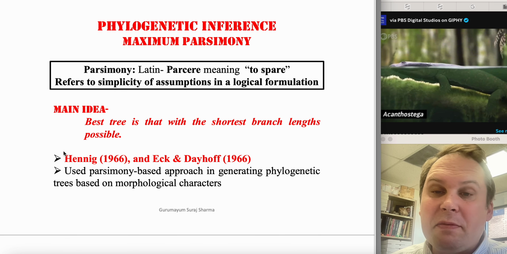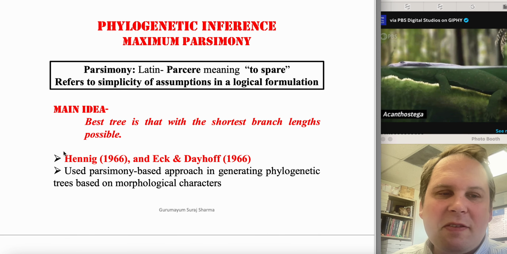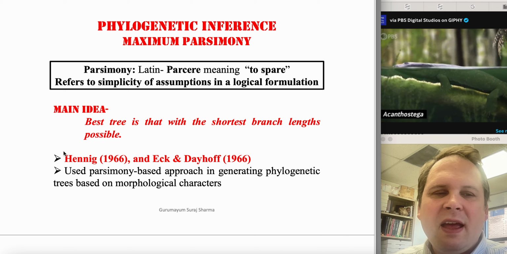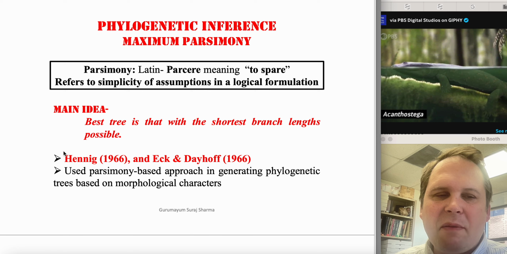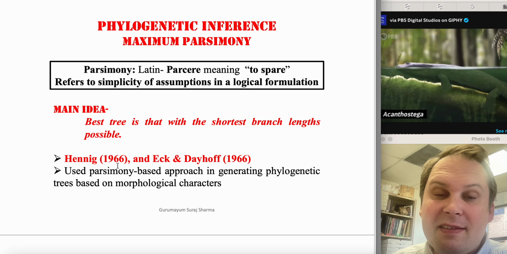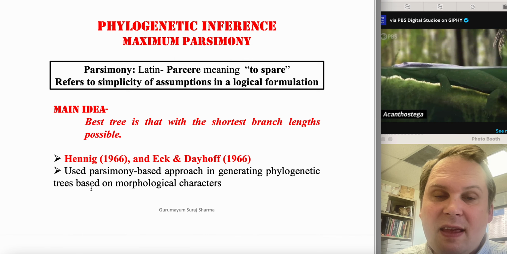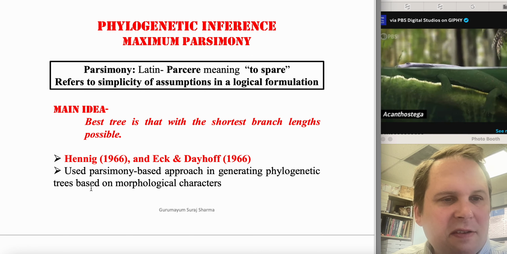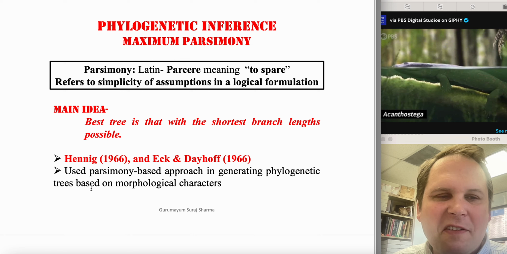Okay, maximum parsimony, let's go. Parsimony, remember, is cheapness, and so we're making a bunch of trees, and we're looking for which of those possible trees is going to have the shortest branch lengths total. It's a really old method, 1966, second oldest one we've covered, and it can generate phylogenetic trees based on morphological characters like eye color, bone length, number of teeth.